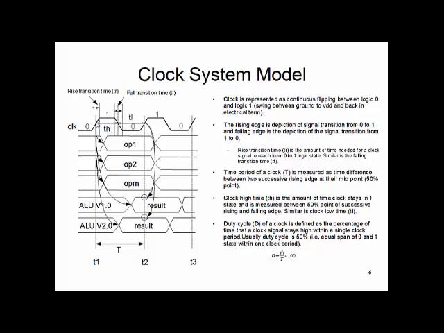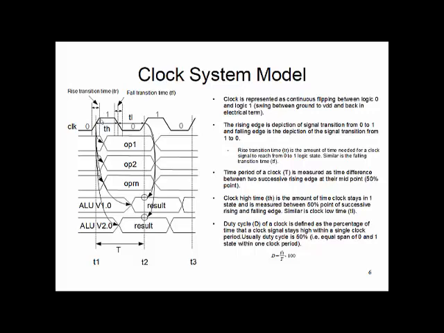In reality, strictly speaking, the logic high is this part, when it is absolutely in logic 1, because the rest is in transition between 0 and 1.